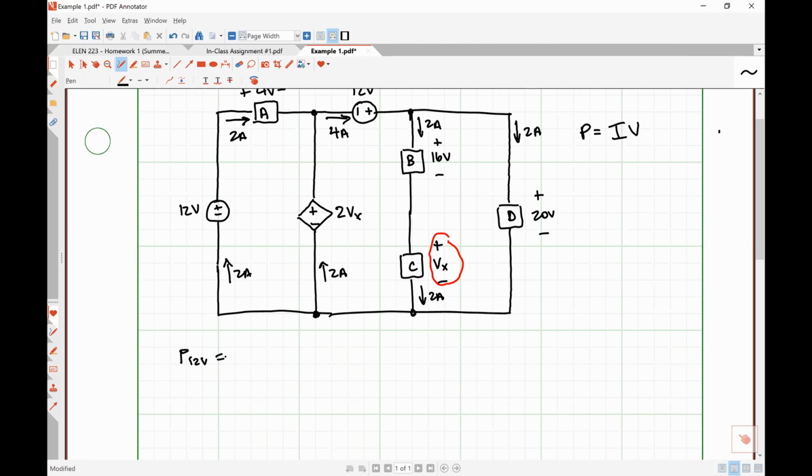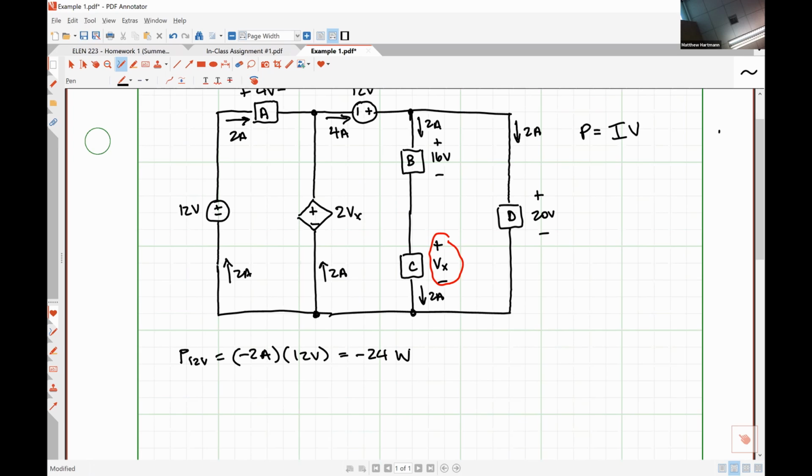Negative 2 amps. Right, negative 2 amps. So if we want to change the direction of the current, we simply change the sign of the magnitude. So the current flowing into the positive polarity terminal is negative 2 amps. The voltage drop over the 12 volt source is 12 volts. And so this guy is absorbing negative 24 watts of power.